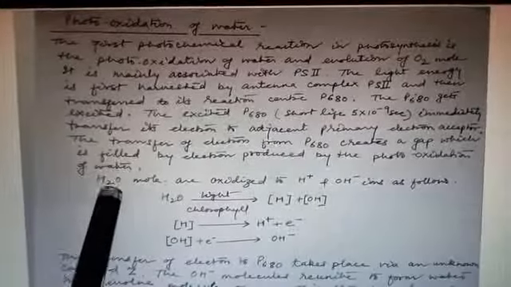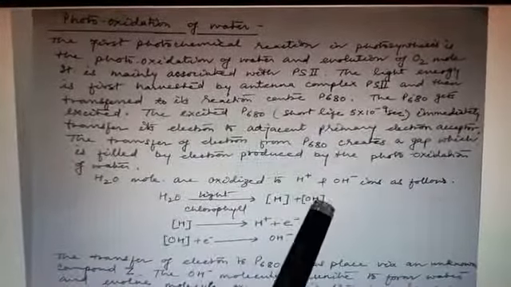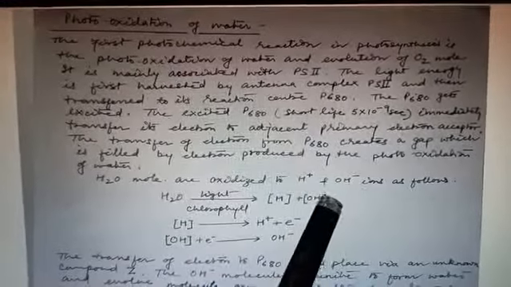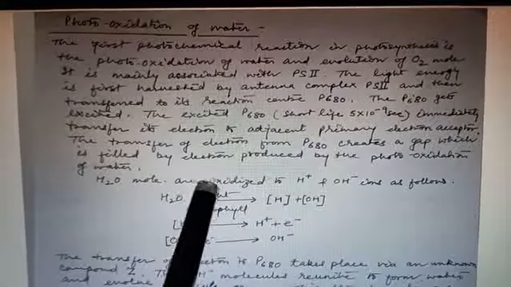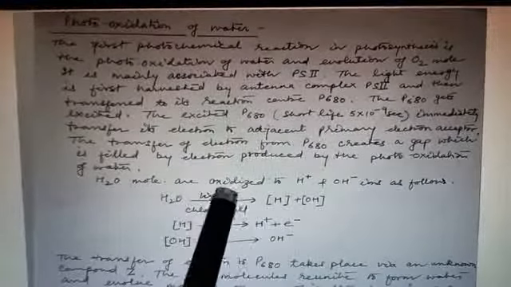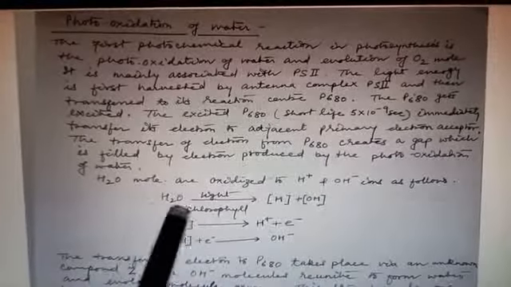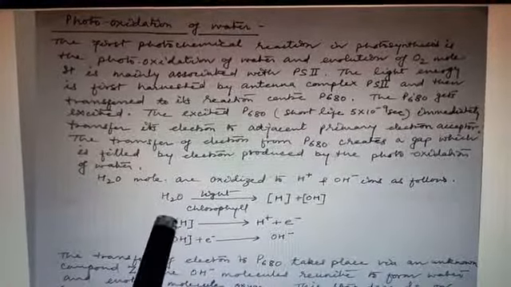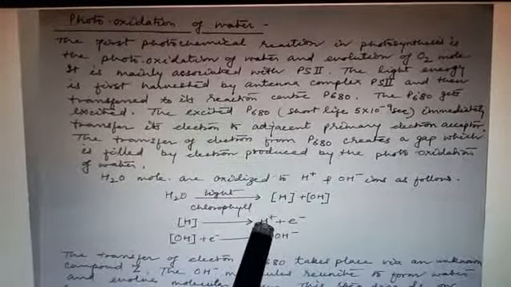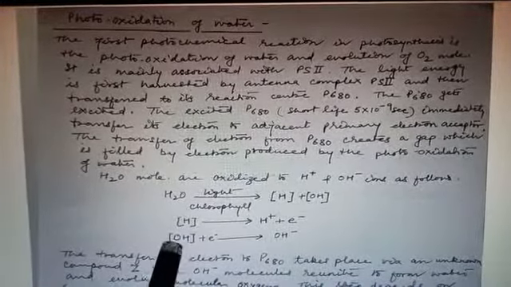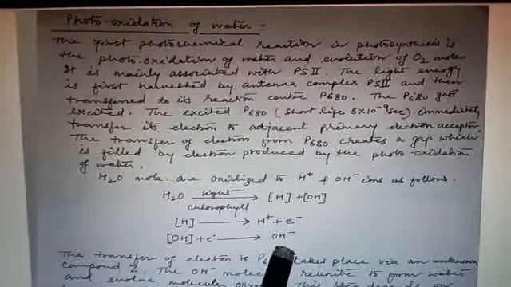The water molecule is oxidized into hydrogen ion and hydroxyl ion as follows. Firstly, the water molecule in the presence of light and chlorophyll breaks down into hydrogen and hydroxyl. The hydrogen, when it emits an electron, becomes a hydrogen ion, and the hydroxyl, when it gets an electron, becomes a hydroxyl ion.